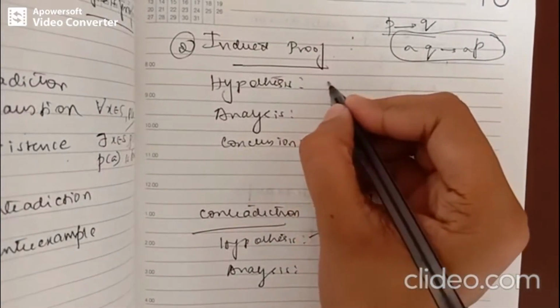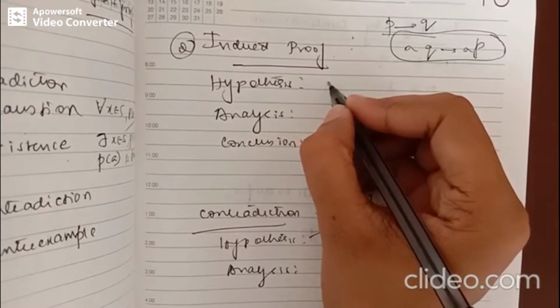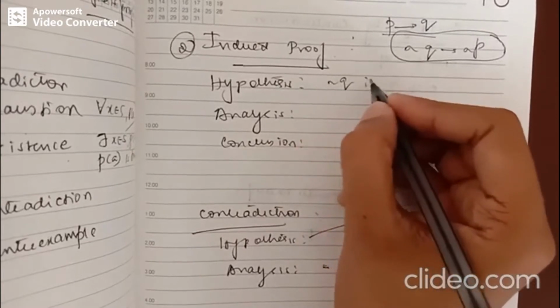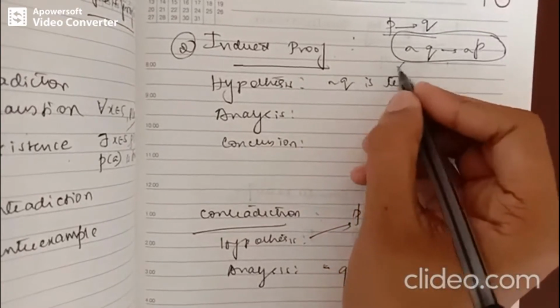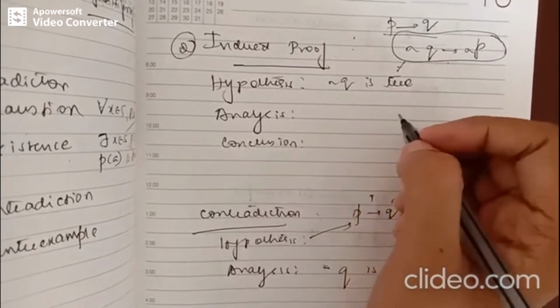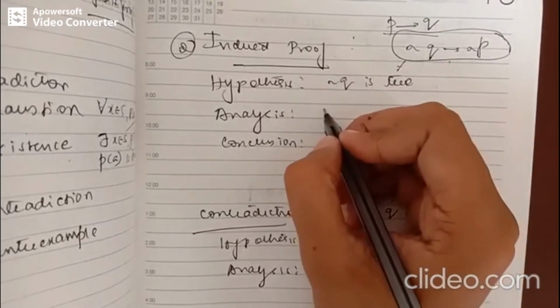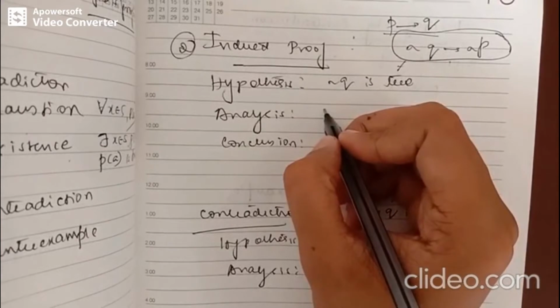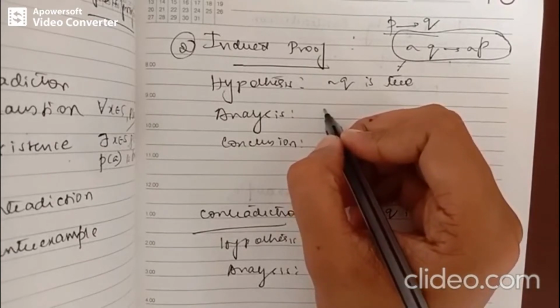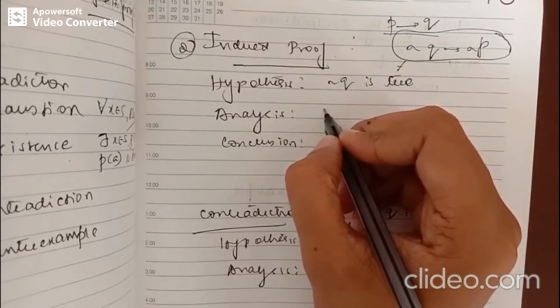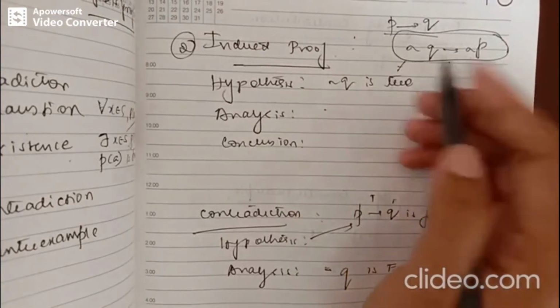The hypothesis is that we assume negation Q is true. In the analysis portion, we apply rules or laws of logic, and then we infer that negation P is true.